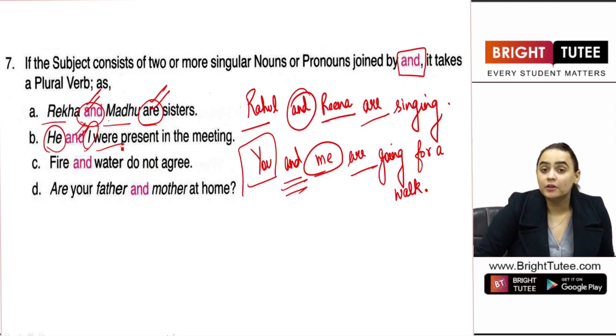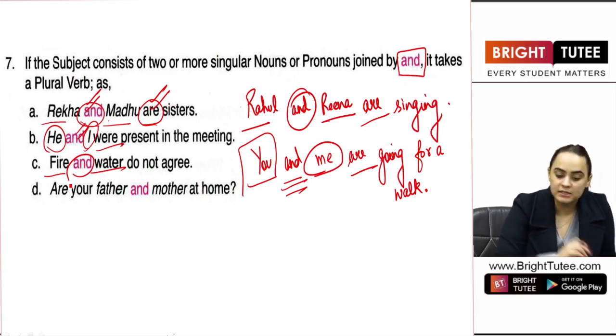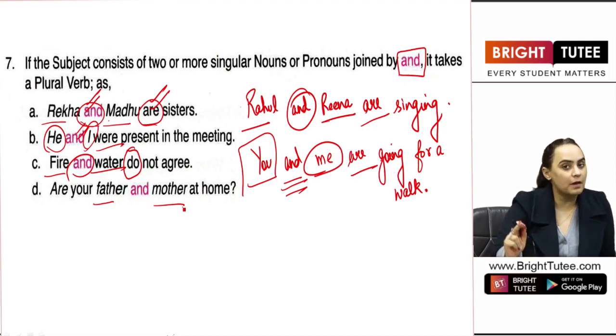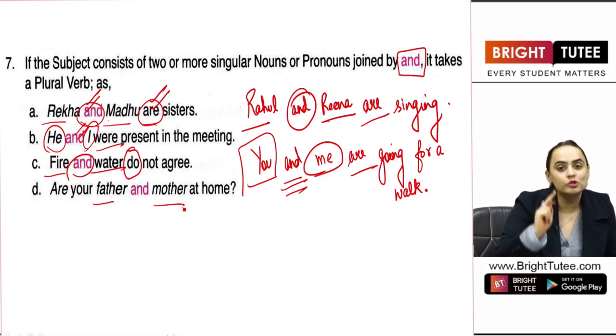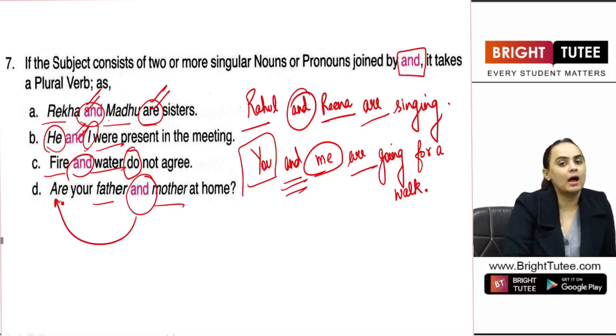Fire and water do not change. Two singular nouns joined using "and." I have used do and not does. Are your father and mother at home? Again, father and mother, singular nouns joined using "and." That is why my verb is plural in nature.